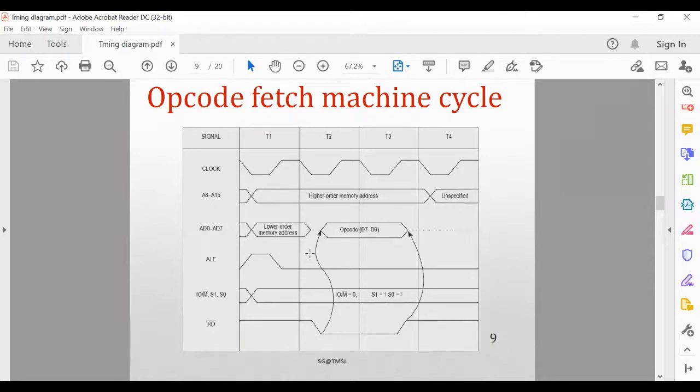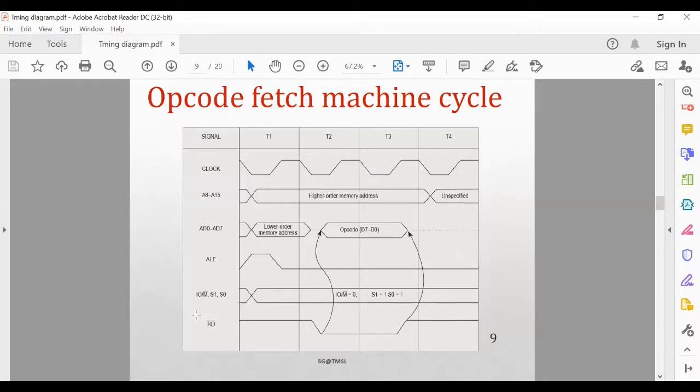In the exam you have to specify these signals this way, and they are very important, because if any signal is missing, the full diagram will be wrong and there will be no part marking. You have to specify all of these 5 or 6 signals compulsorily on this timing diagram.